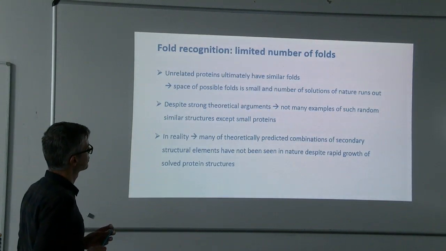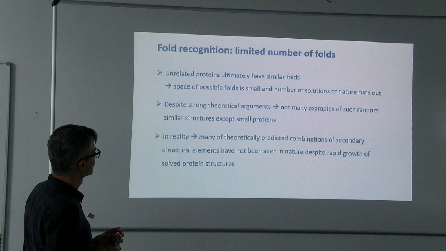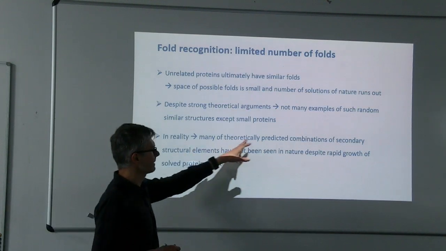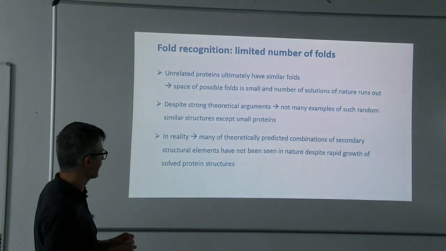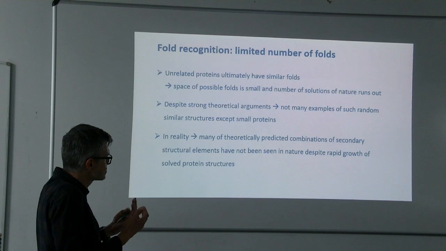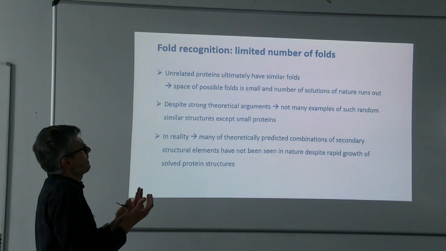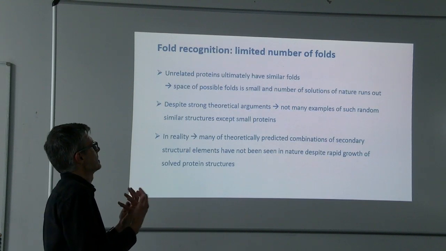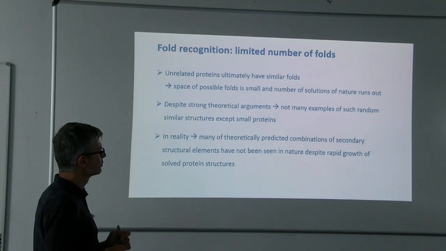Then the limited number of folds: many of the theoretically predicted combinations of secondary structural elements you cannot actually find in nature. It seems there are only a few possible ways to build a fold.